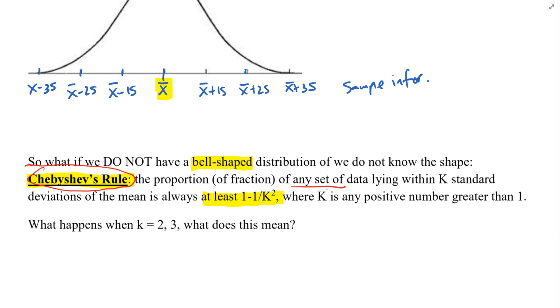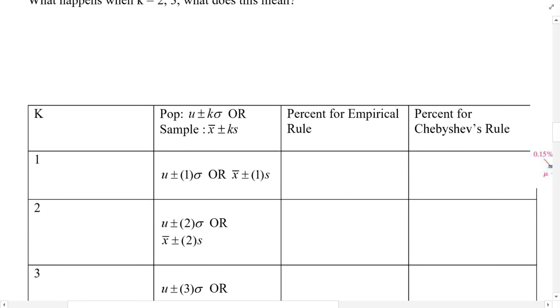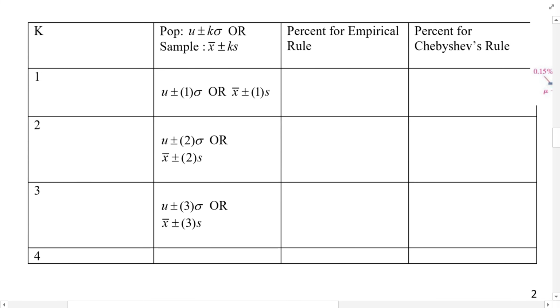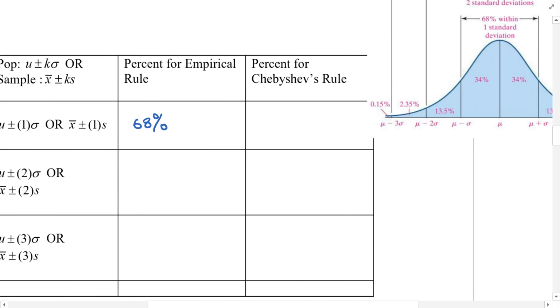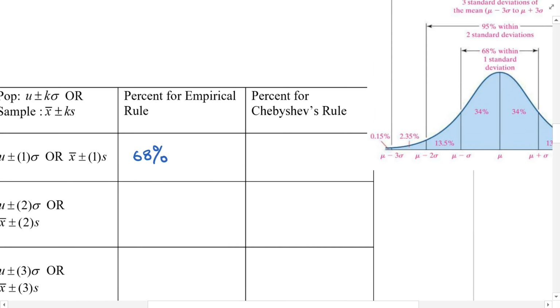Okay, let's consider k equal to 2 and 3. What does that mean? For the empirical rule, we say 68% is within one standard deviation of the mean, which is what the graph shows right here. For two standard deviations of the mean, that will be 95% of the data.